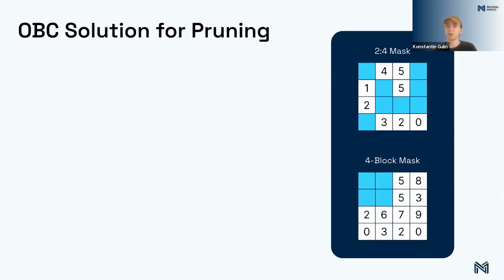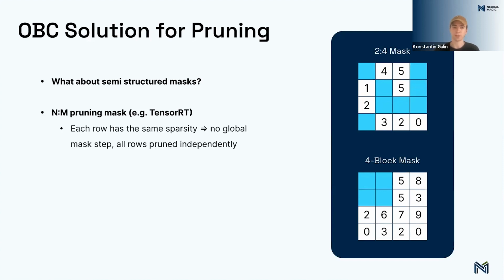So we saw OBS being applied to unstructured pruning, but can we use a sparsity mask alongside this method that is more semi-structured? The answer is yes, and it is actually simpler than we would expect. For an N:M pruning mask, like the one used in TensorRT, it is relatively simple.